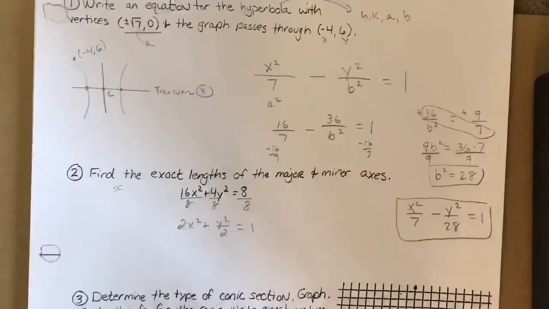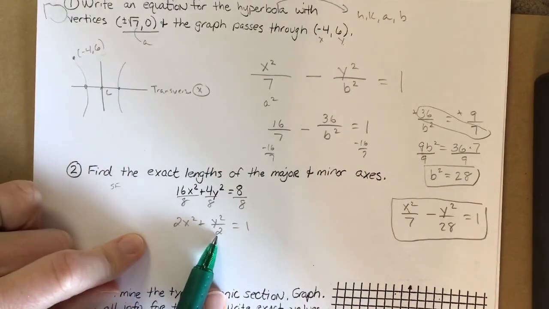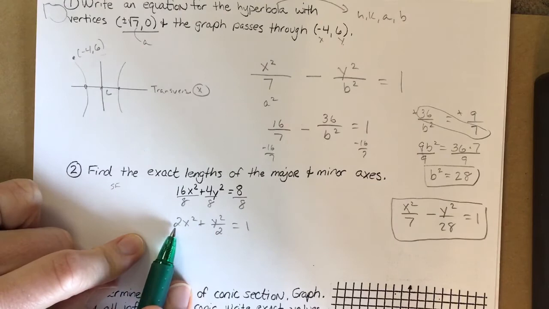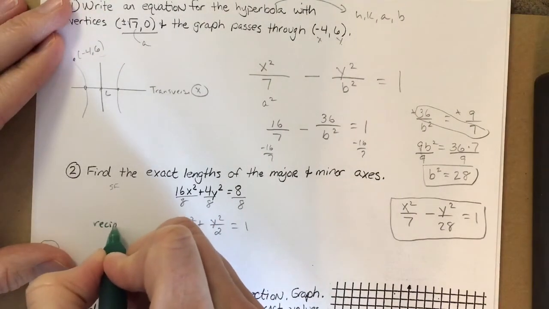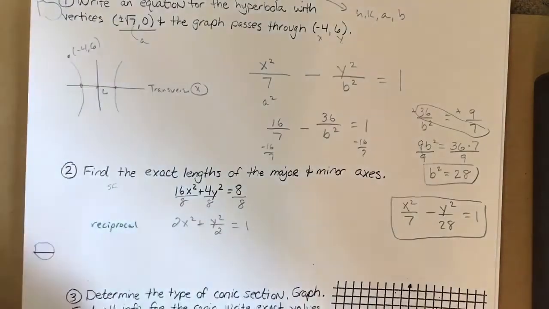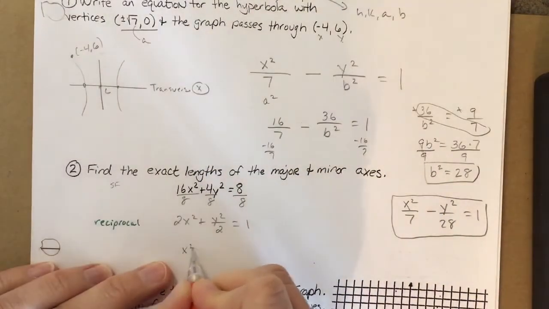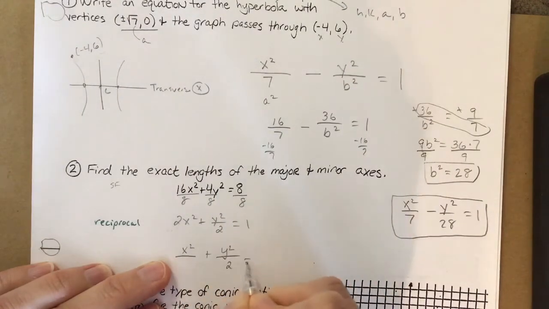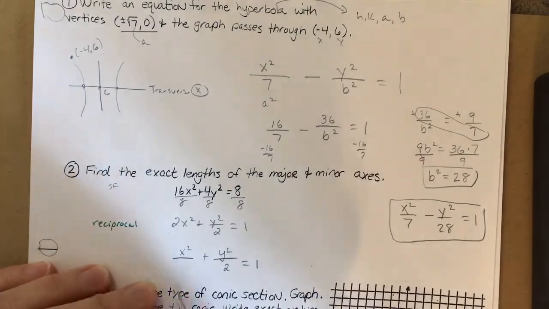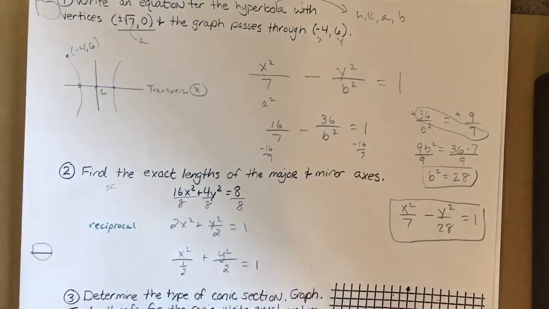Now, this looks just fine to me. What about this? I've gotta think reciprocal. This is standard form, but I've got to get it as x squared over something plus y squared over 2. What's the something? Reciprocal of 2, which is half.